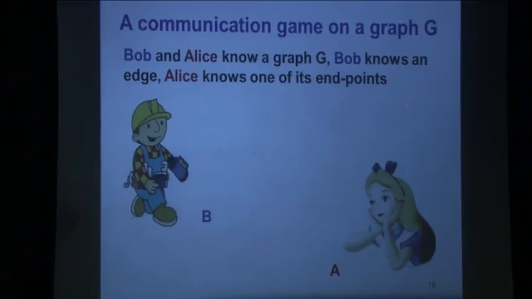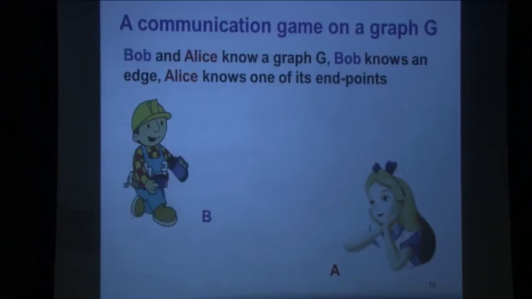You can consider the following communication game. We have these two players that it's customary to denote by Alice and Bob, for A and B. They know a graph G. Even before they start to play, they know some specific graph G. For some specific graphs this communication problem comes naturally, but let me just think about it as a communication problem on the graph.